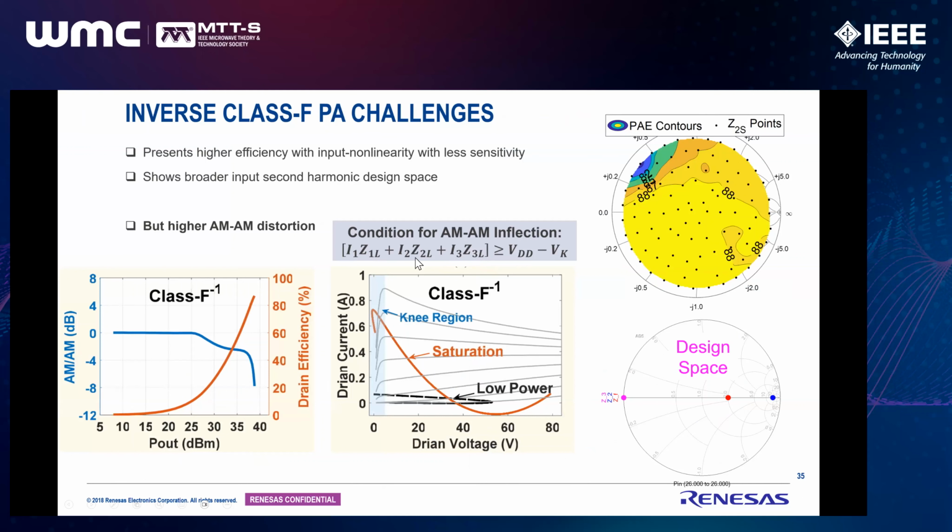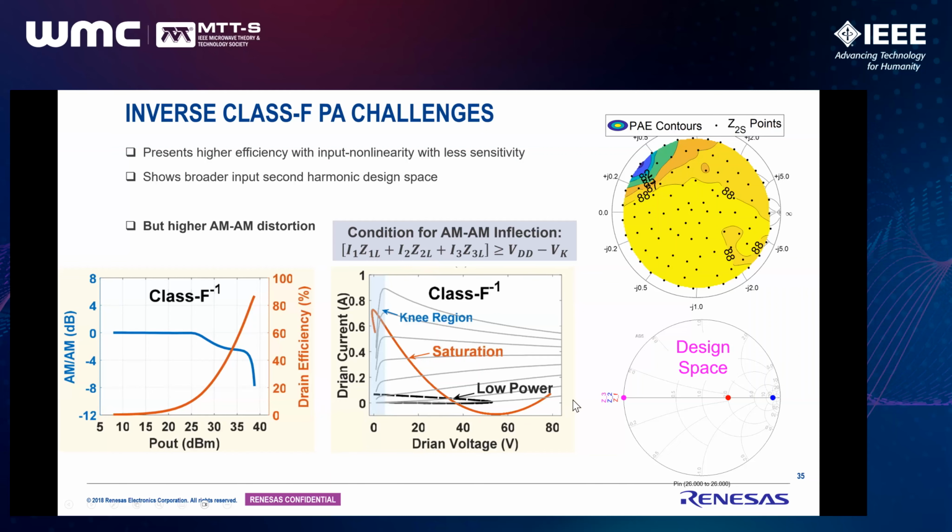Now, if we lower this value of I2Z2L by lowering the second harmonic current component, we are prolonging the power drive-up before it reaches the knee region, because we are lowering the product of I2Z2L.